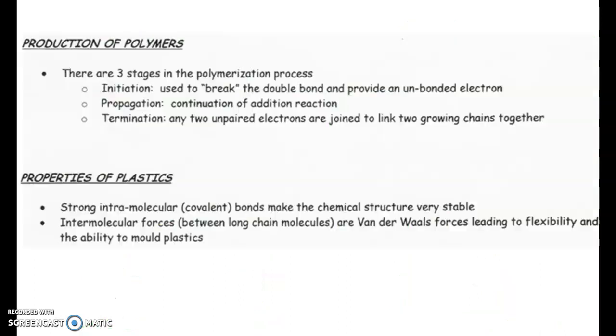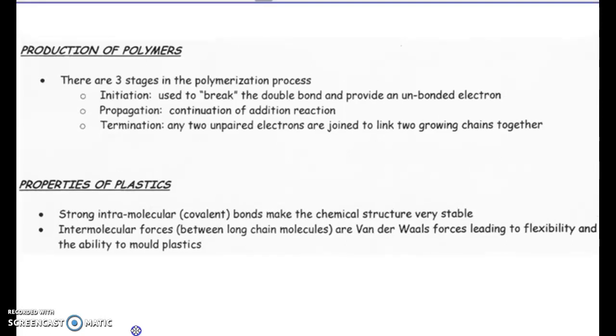Now, the polymer process itself, sorry, I'm just going to move this up a bit. The polymer process itself happens in really 3 different stages. Obviously, it's going to be more complex than just what I'm showing you here or what we're even going to be discussing. But really, at this point in time, this is enough for us to have an understanding of what's happening.